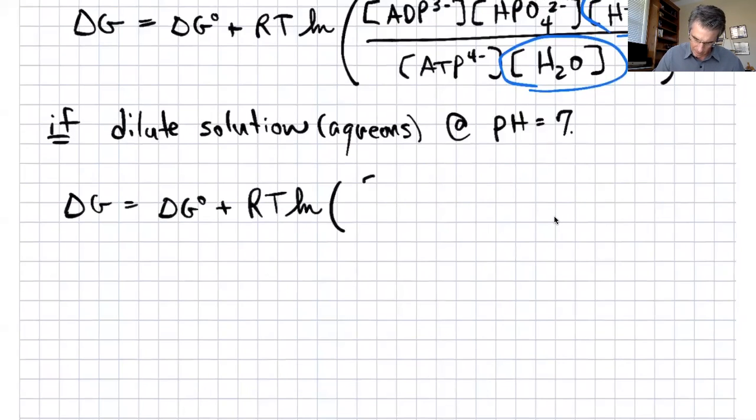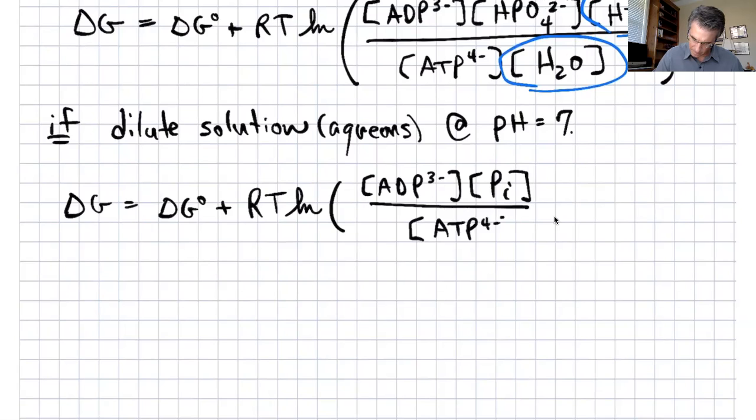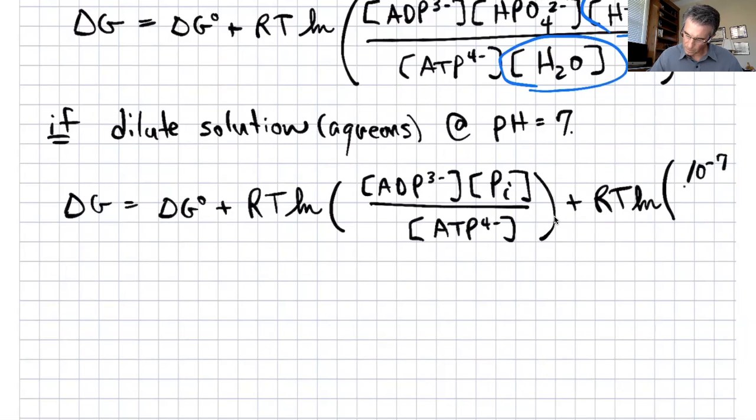Log concentration of ADP 3 minus, concentration of inorganic phosphate, divided by the concentration of ATP, plus RT log of, in principle, the hydrogen ion concentration. But if we're at pH 7, we know what that is. The hydrogen ion concentration at pH 7 simply has to be 10 to the minus 7, divided by 1.